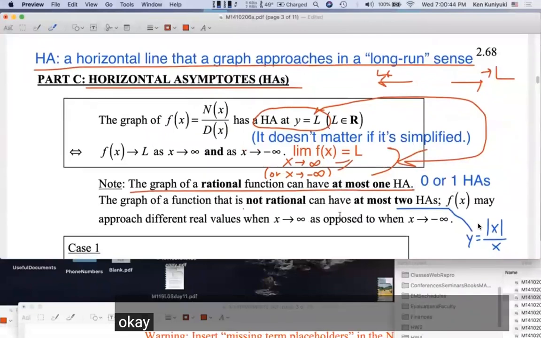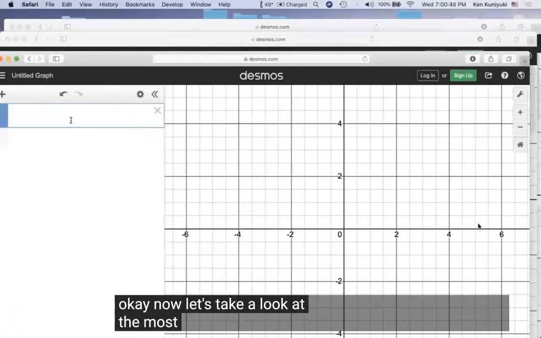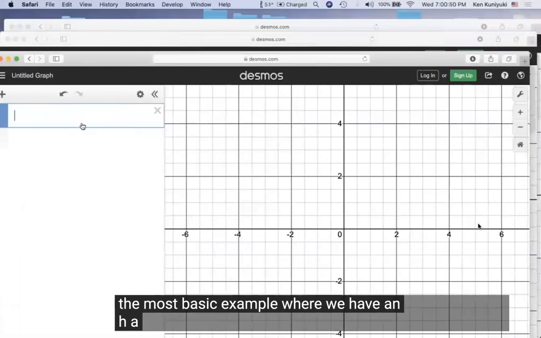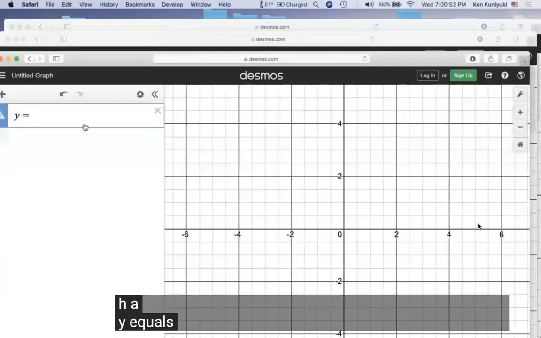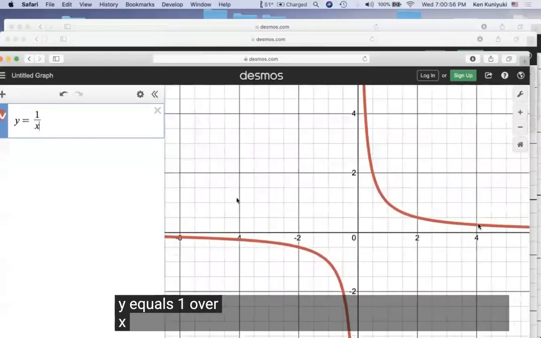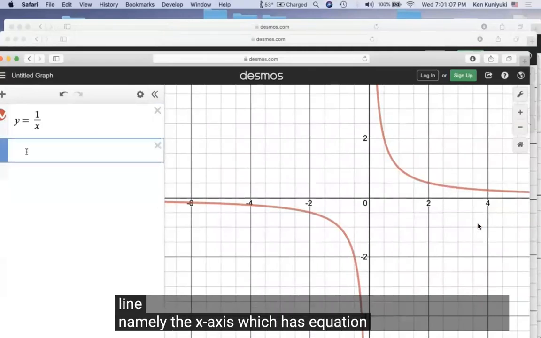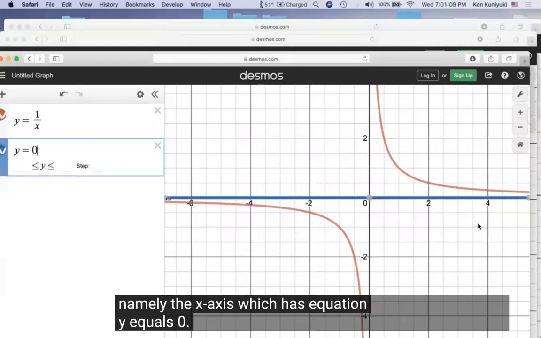Okay. Now let's take a look at the most basic example where we have an HA. Y equals 1 over x. Both branches will approach a horizontal line, namely the x-axis, which has equation y equals 0. Again, normally HAs are dashed.